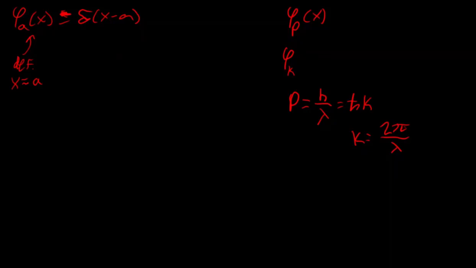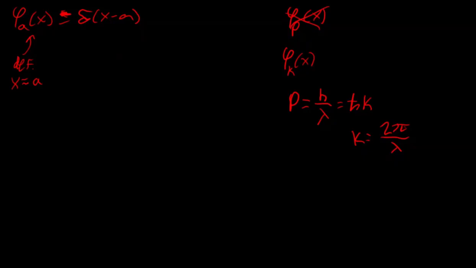Which one do most people write? And which one is the neatest to write? In terms of both of those questions, we have phi sub k of x, which is the function that we're really going to be looking at.